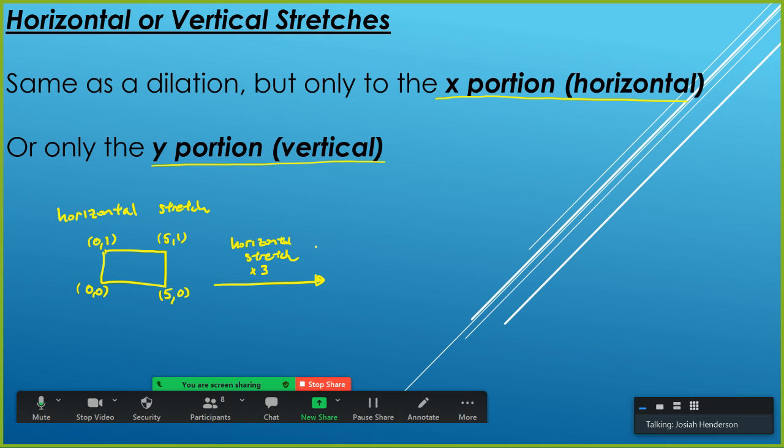If I multiply times 3 to just the x numbers, we're still going to have 0, 0, because 0 times 3 is 0. And the one above that is going to be 0, 1 still. So it doesn't change those 2 points, but it does change the other 2 points to 15, 0, and 15, 1. So it's like a half dilation. We're only dealing with the horizontal x's or the vertical y's if it says it's a horizontal or vertical stretch.